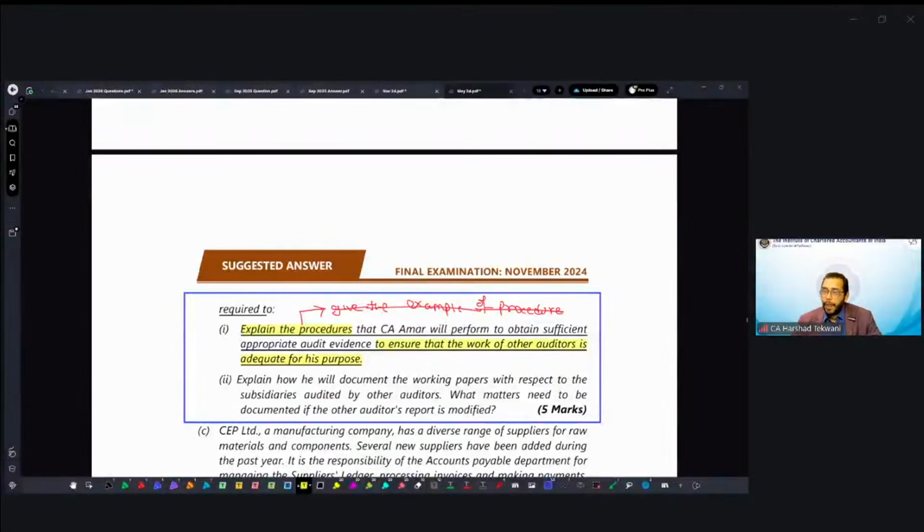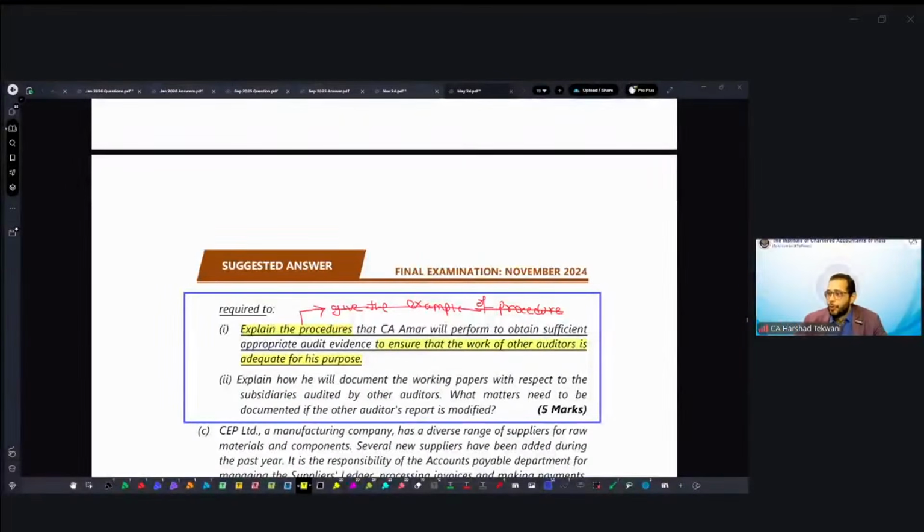No? Okay. If no doubt, let's understand something further, a very important part. Now we will understand how the audit of consolidated financial reporting impacts the audit report. So we will go a step further and now we will go to the reporting part. See, we started with the planning.